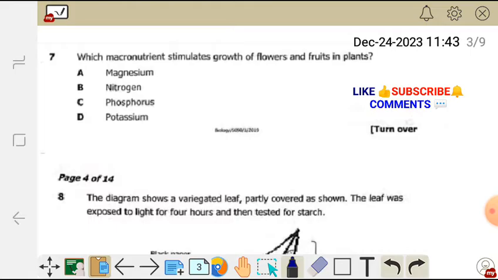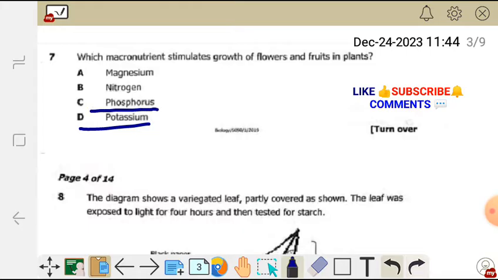So question 7. Which macronutrient stimulates growth of flowers and fruits in plants? A, magnesium, B, nitrogen, C, phosphorus, D, potassium. So the correct answer here is potassium. Potassium stimulates the growth of flowers and fruits in plants.